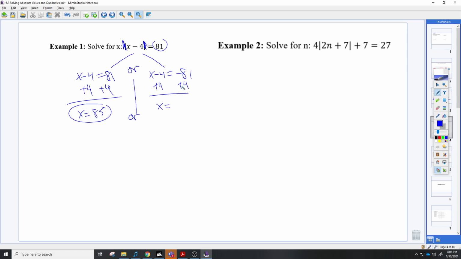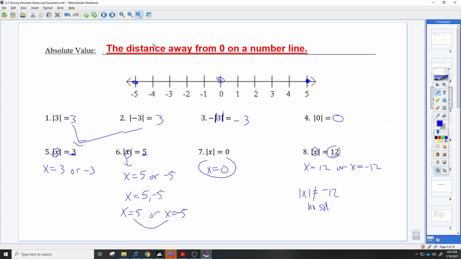A negative plus a positive here is going to be negative still, but now we're at negative 77. So these are the two options that you could plug in here to get an answer of 81. Again, there's always going to be two answers, unless, of course, there's a negative sign over here. That's bad. No solution. Or if it's actually 0, like we had before back here, 0 means there's no solution.